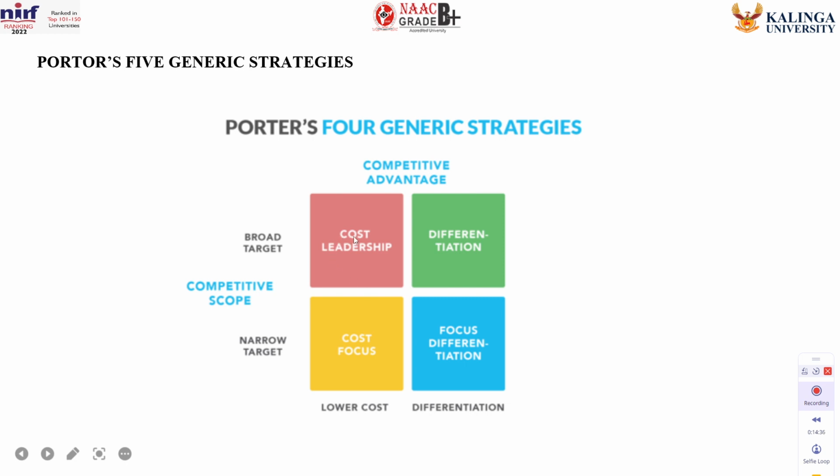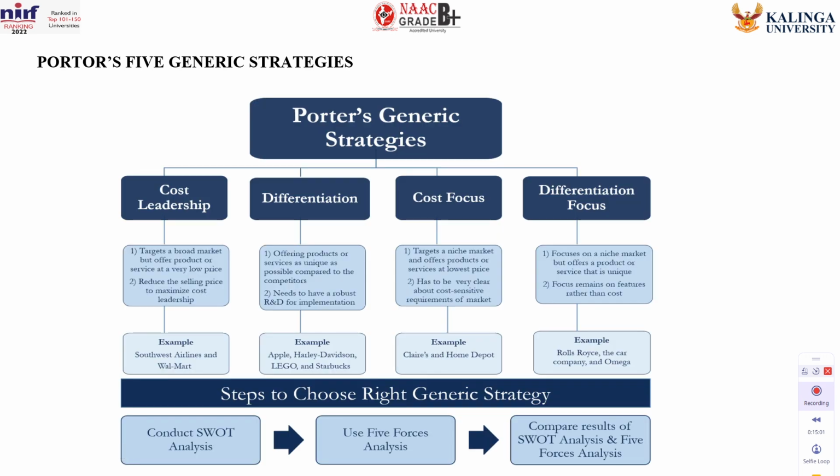And here, if there's a broad target but the cost structure advantage is low, then you have cost leadership. But if you have a broad target and your competitive advantage is differentiation based, then you can go for differentiation. So these are the four generic strategies of Porter.